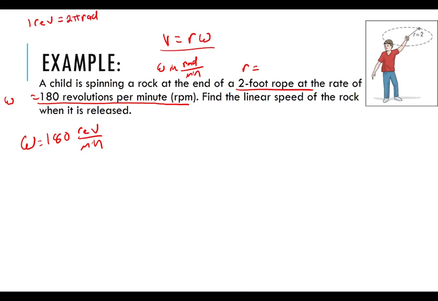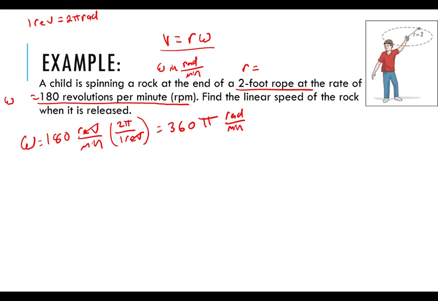And so my conversion factor is multiplying by 1 in disguise. For every 1 revolution, there are 2 pi radians. Revolutions cancel with revolutions, and I get that this is 360 pi radians per minute. I'm just writing radians to keep myself on track.